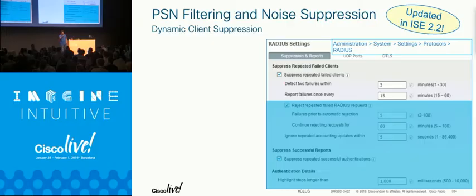So in your case, probably if you don't have suppression turned on, you'll just start seeing these endpoints failing again and again on ISE. So I highly recommend you do this suppression filter list. And what this does is that it will still report to ISE after every 15 minutes. So it's not sending active reports all the time, but maybe after every 15 minutes, it'll tell you that the endpoint is having issues.